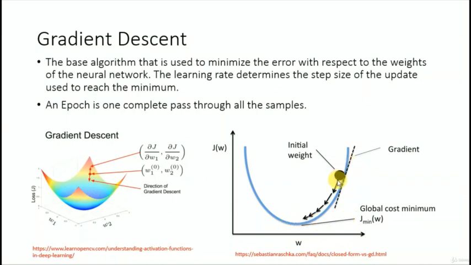So let's say that our initial weights start here. Then what we're going to do is compute a gradient. We're going to compute the slope of the loss. So the slope is the differentiation of your loss with respect to the weight. So how much should we change the weight in order to reach the minimum point right here?